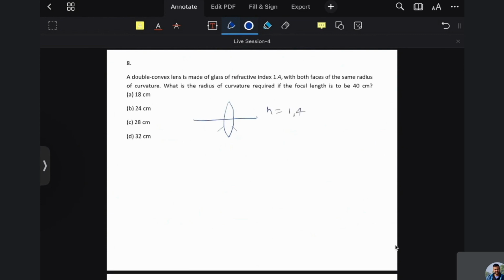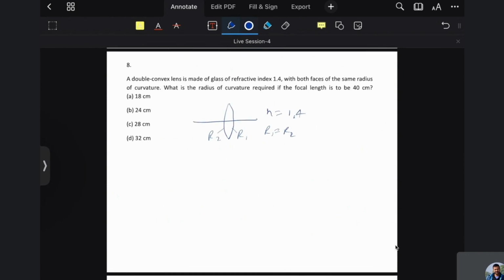R1 and R2, the radii of curvature, are the same. The question is, what is the radius of curvature required if the focal length we want is 40 centimeter? This is the problem in which the lens maker formula will be applied, which is given simply as this.